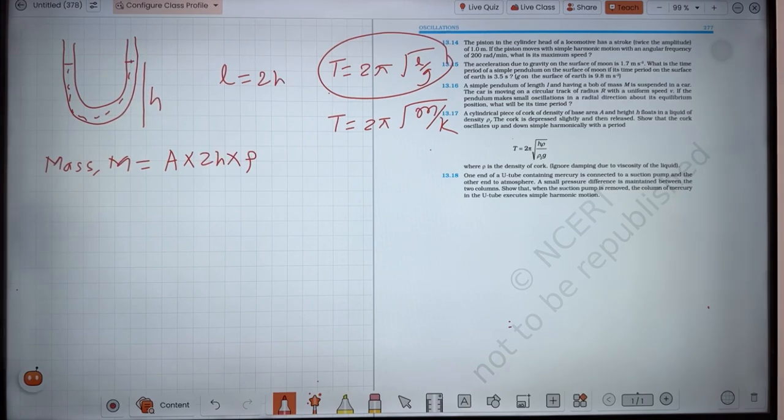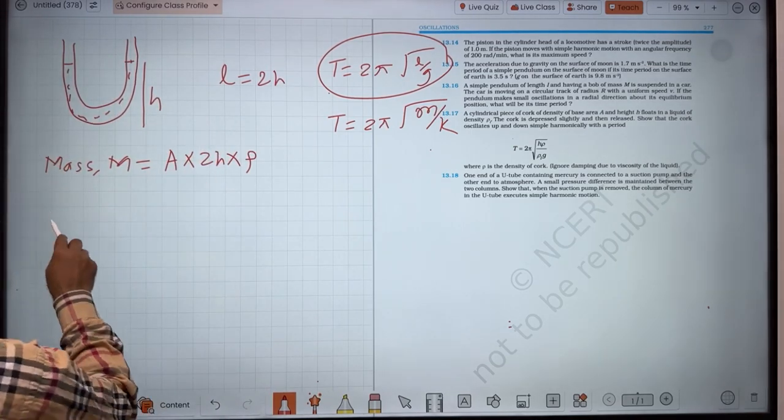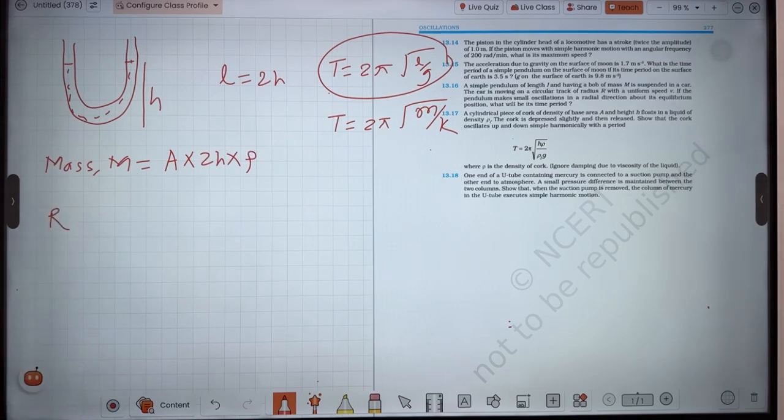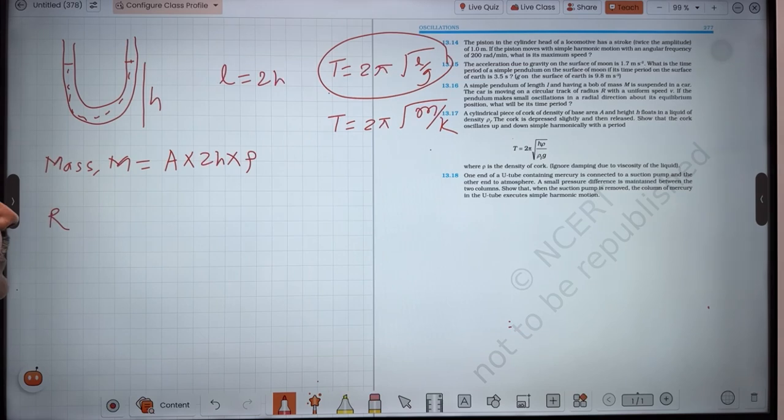And one more thing we need. Suppose we depress it through a distance y, in that case there will be a restoring force. From this we will show two things: one, that this is simple harmonic, and second, we will find the value of k.